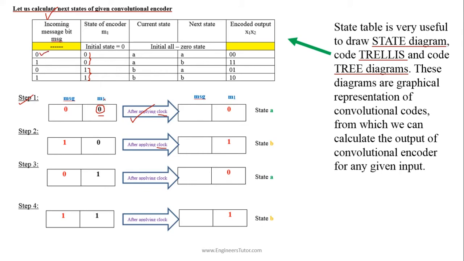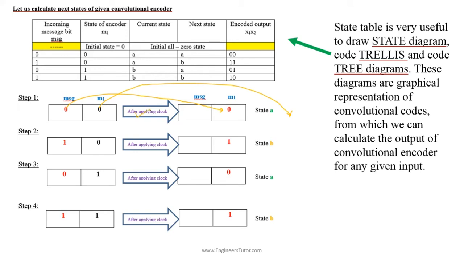The state of the shift register is initially 0. After applying the clock pulse, this 0 goes out and is discarded. After a right shift by 1 bit, MSG will come to M1.